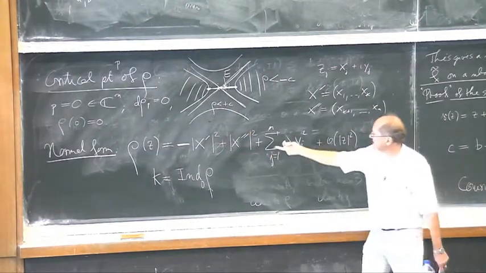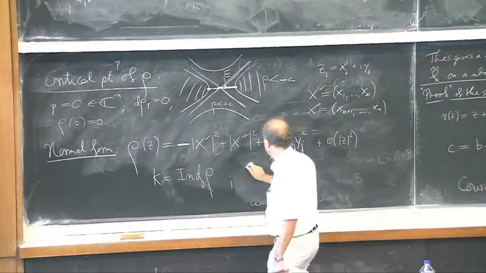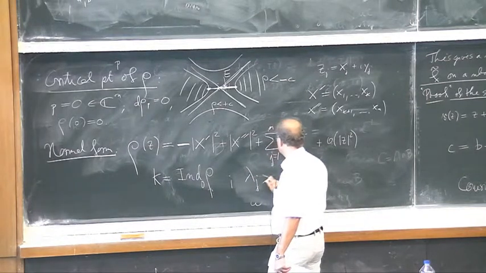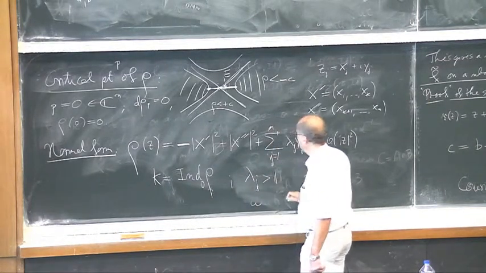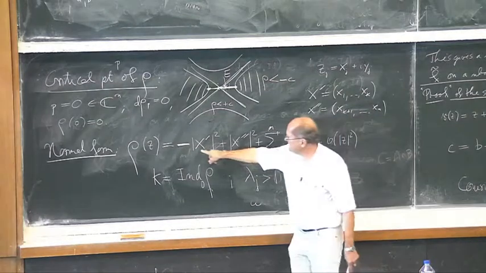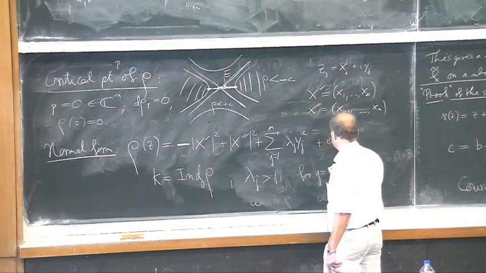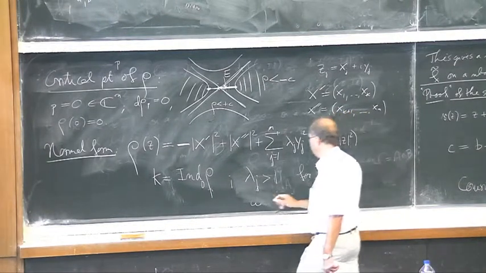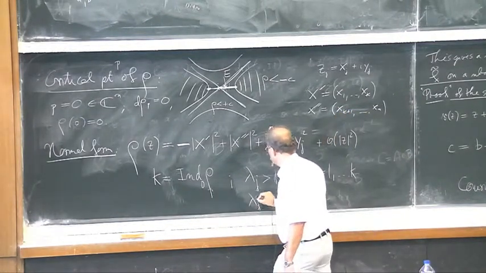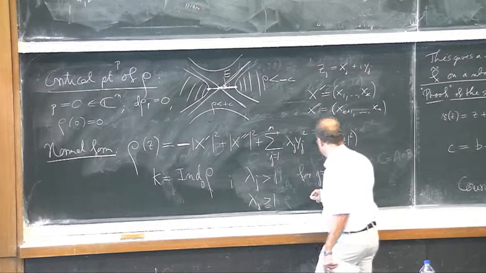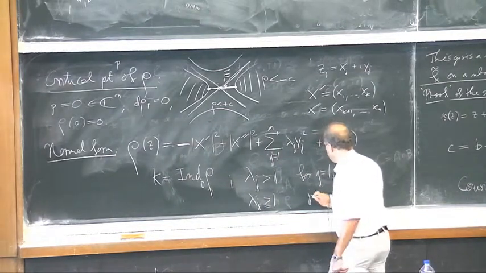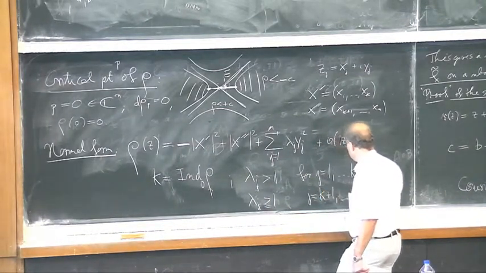All the other directions are positive. And these numbers lambda j are bigger than 1 for those j's which correspond to the first k axes, so for j is 1 to k. And then they are just bigger or equal to 1 for the rest, for j is k plus 1 to n.